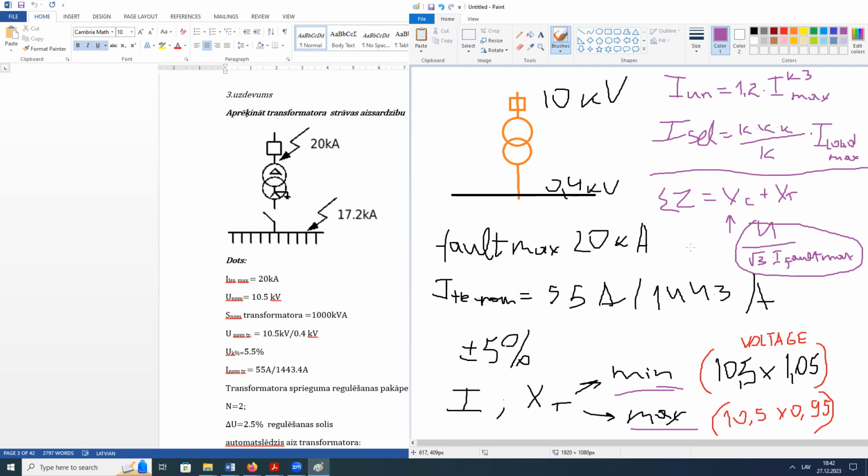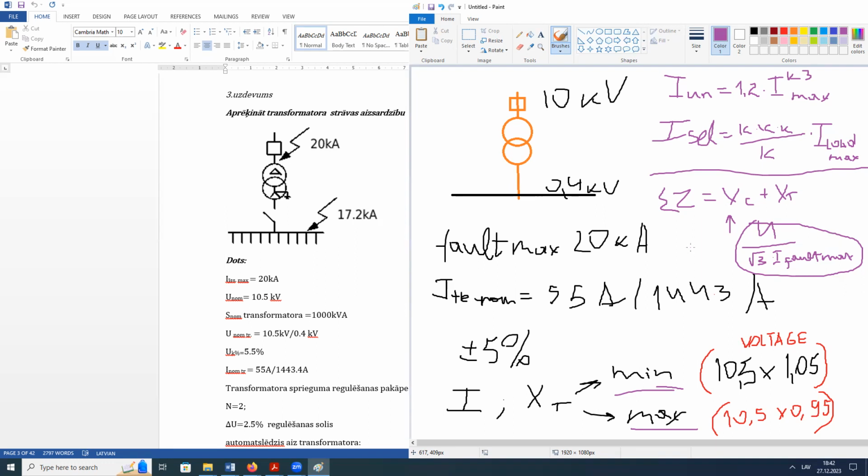Of course, you don't know the type of transformer at the time of a fault, but when you are calculating the protection, you should check the border possible values.